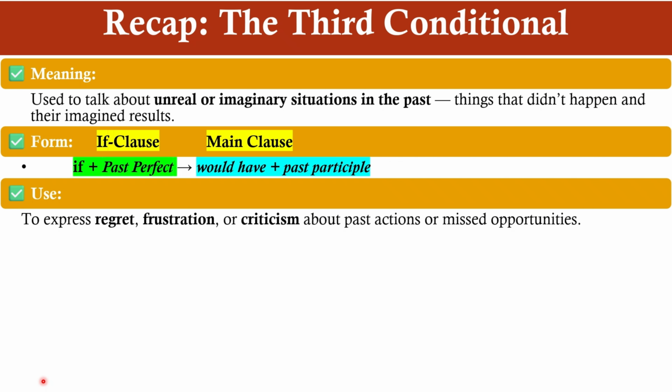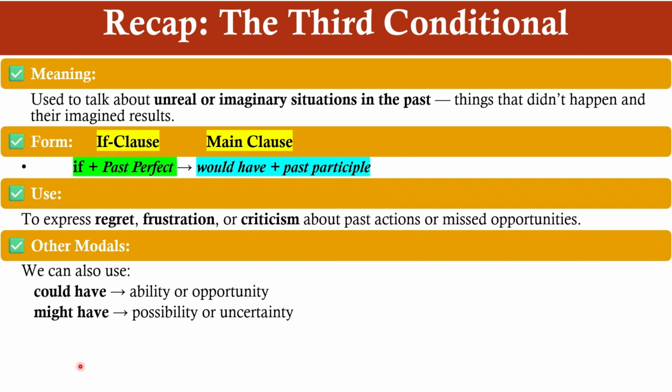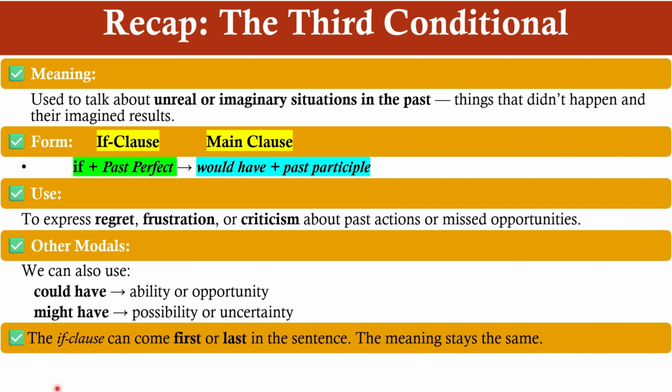We often use it to express regret, frustration, or even criticism about past actions, missed opportunities, or mistakes. We also saw that other modal verbs can change the meaning slightly. Could have shows ability or opportunity, and might have shows possibility or uncertainty. And remember, the if clause can come either at the beginning or at the end of the sentence.